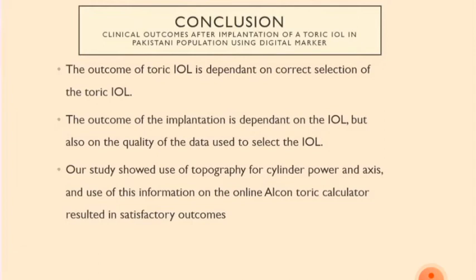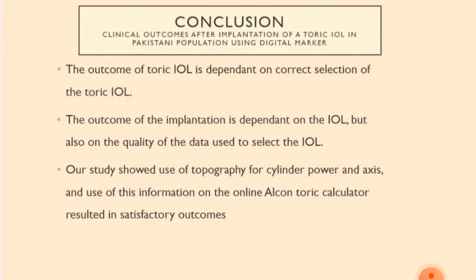The outcome of implantation is dependent on the IOL, but also on the quality of data, right? So if we have a patient who has dry eyes, they will not have a good topography. They will not have a good Topolyzer. If they have irregular astigmatism, they will not have a good calculation, and therefore don't even go over there, because it's not worth it.